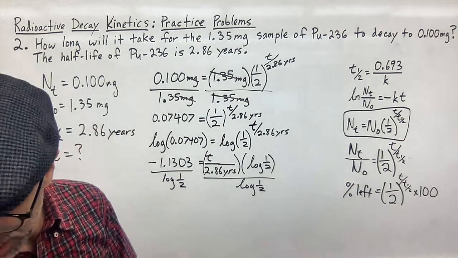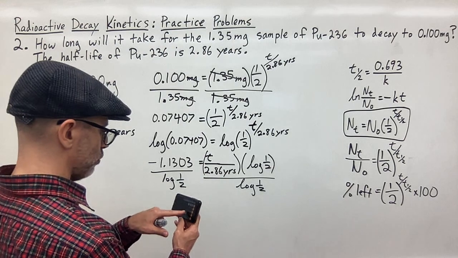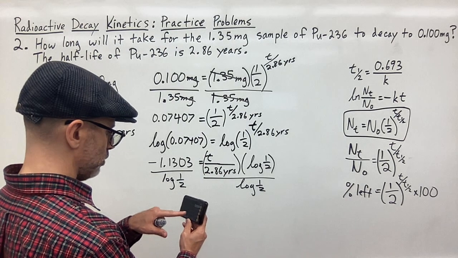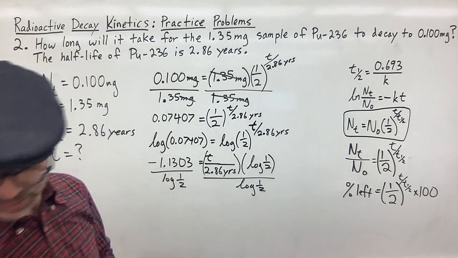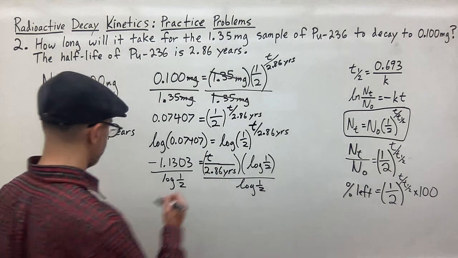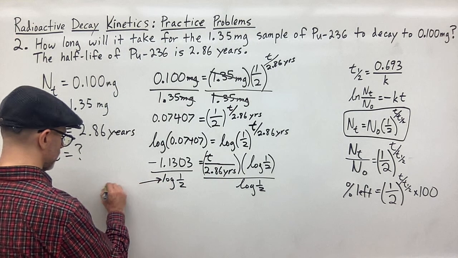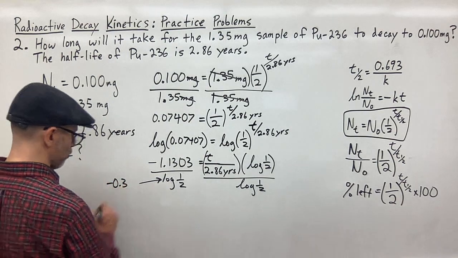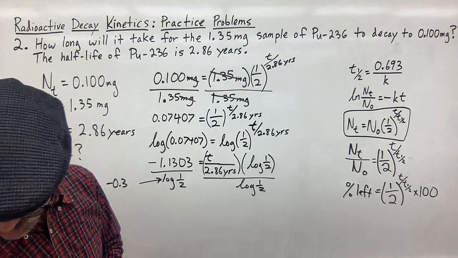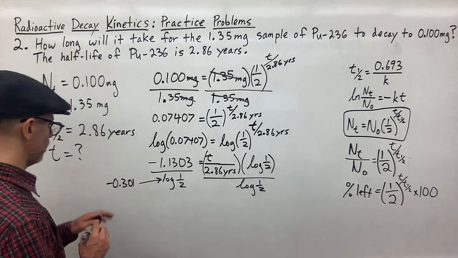If I do 1 divided by 2 equals, take the log of that, I get a negative 0.30102.